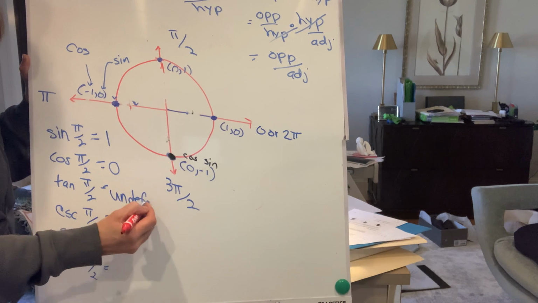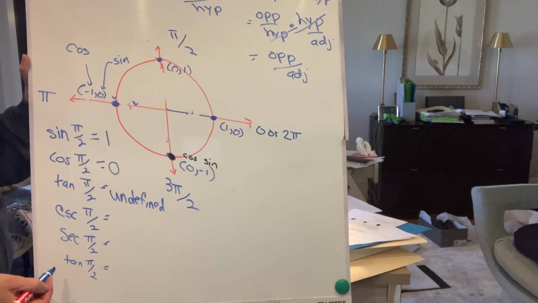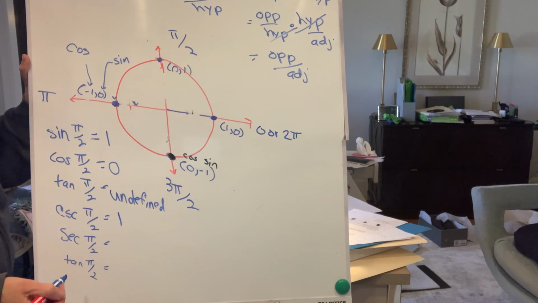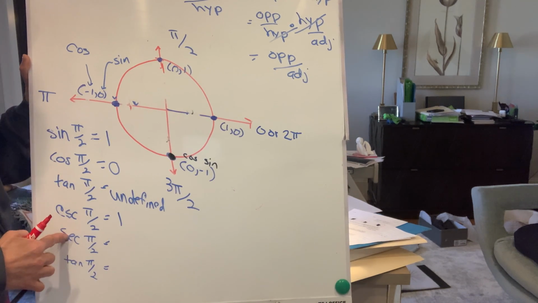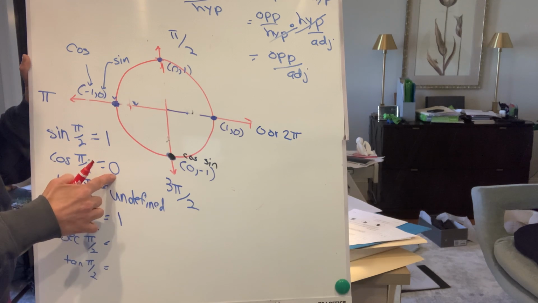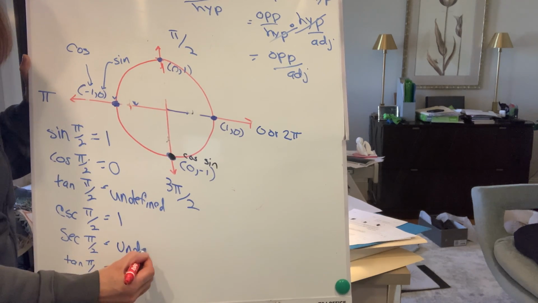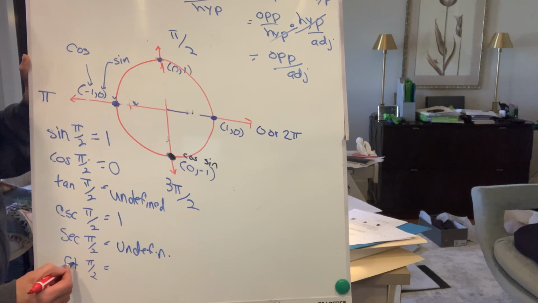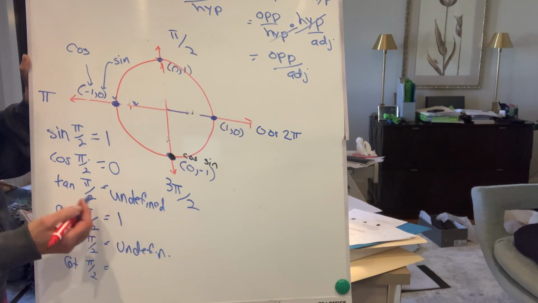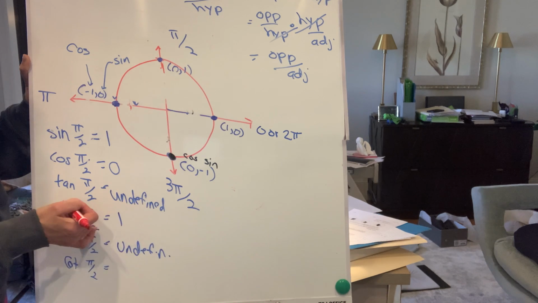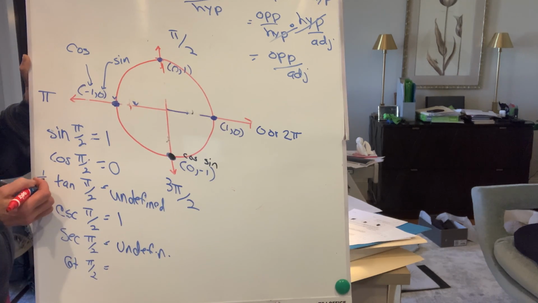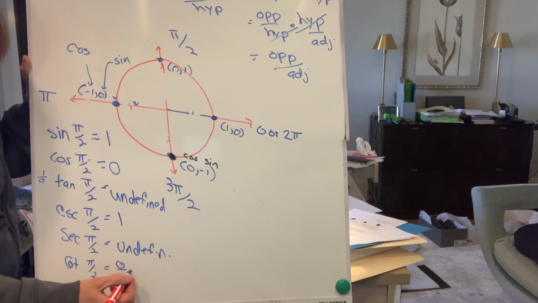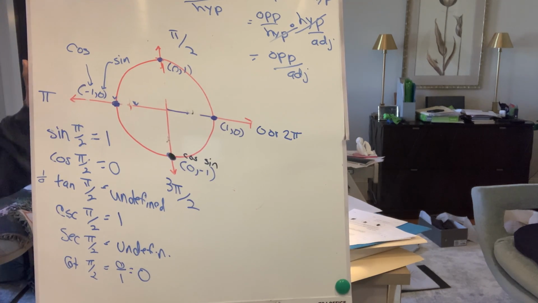There is no tangent of pi over 2. Cosecant is 1 over sine, that's 1. Secant is 1 over cosine, again undefined. And this should say cotangent. So remember, tangent was supposed to be 1 over 0, and we said that was undefined, but in cotangent that would be 0 over 1, so that would be 0.